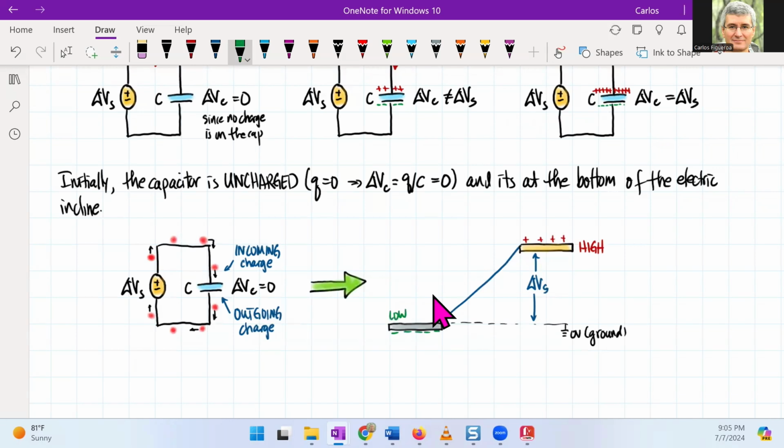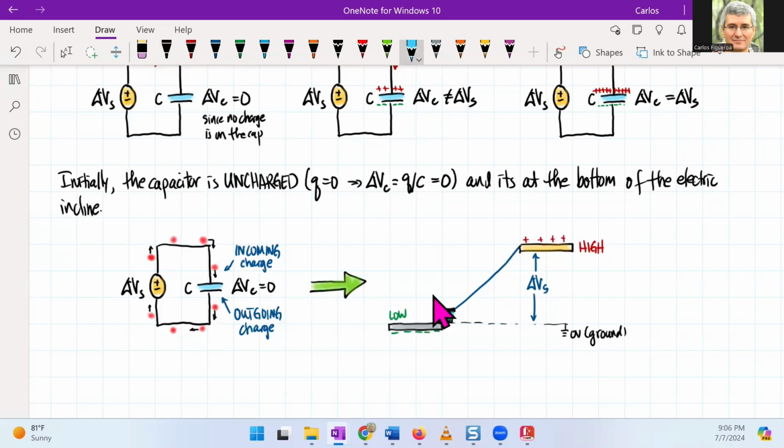So where is the capacitor? Well, it has no charge, so it has to be down at the bottom because it has 0 voltage. So I'm going to say that here is my capacitor. It's at the bottom, and because it's at the bottom, it has no charge.